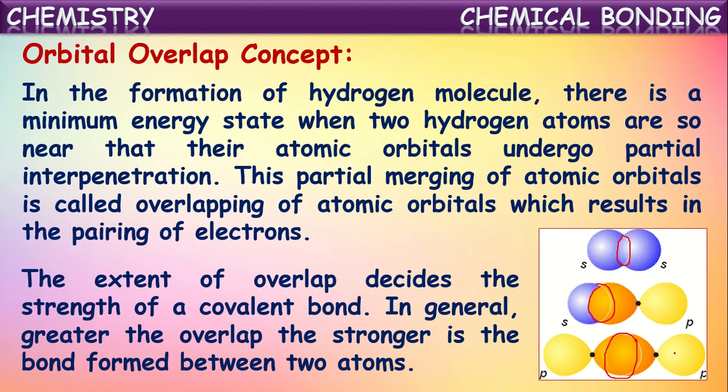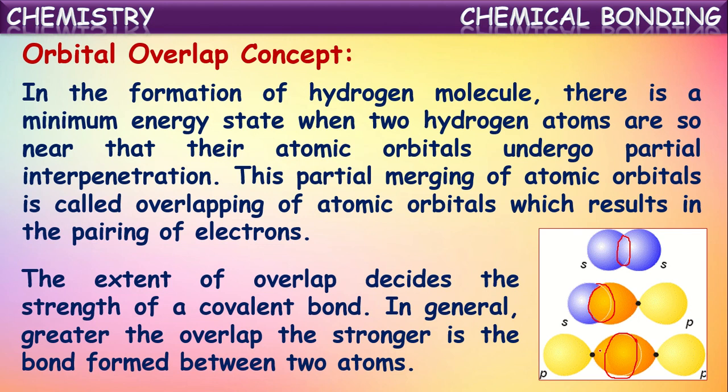See here, generally we say the s-s overlapping is somewhat less in extent than the s-p overlapping, which is less than that of p-p overlapping. So the bond is stronger in case of p-p overlapping. The covalent bond formed by the overlapping of two p orbitals of both the atoms results in a strong covalent bond when compared to the remaining two cases.